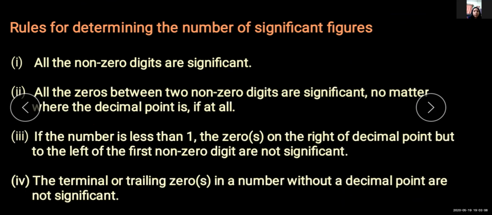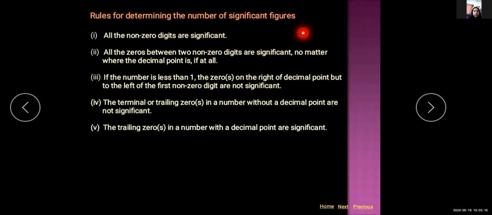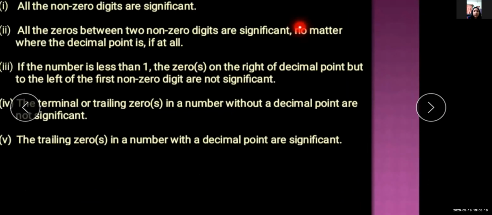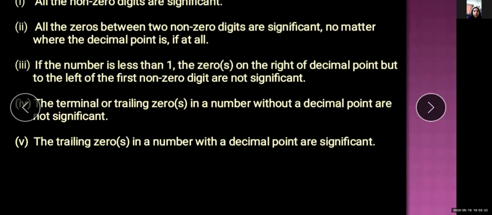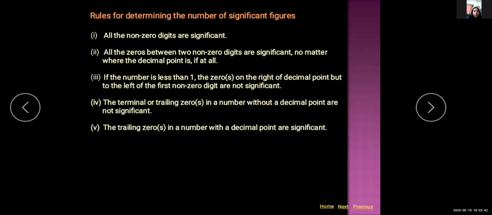Next point: if a measured value bears a decimal point, the trailing zeros are significant. Fifth point is trailing zeros in a number with a decimal point are significant.